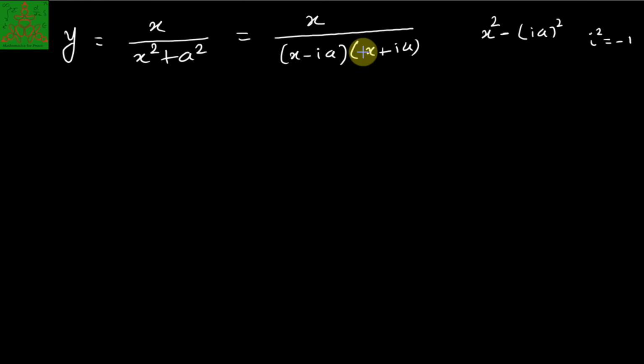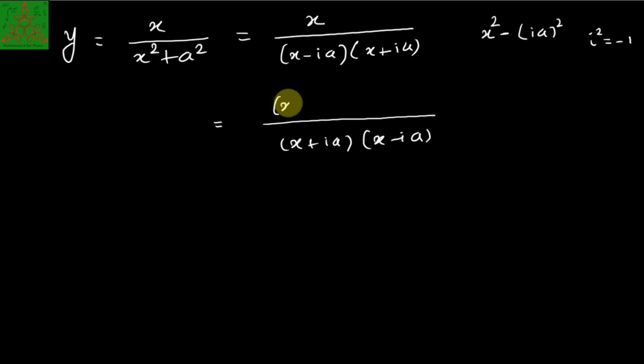And this can be factorized in the manner we did earlier, by writing x plus ia and x minus ia, with the numerator as it is, and then putting the appropriate sign if required. Here I need x, so if I put minus then x will vanish, so I should put plus here.